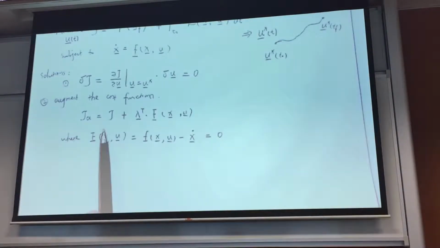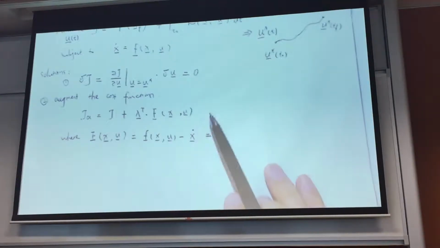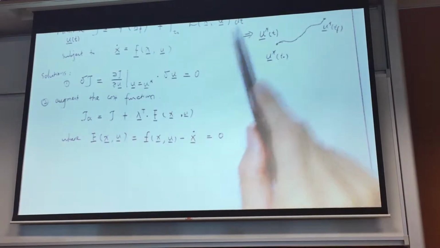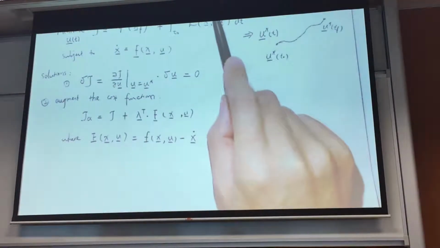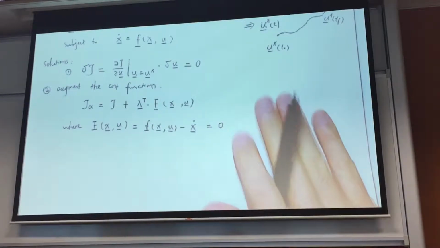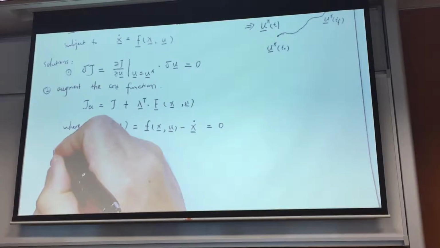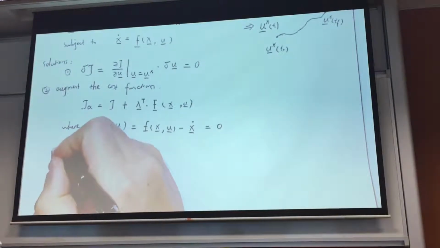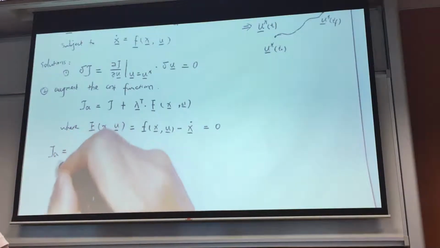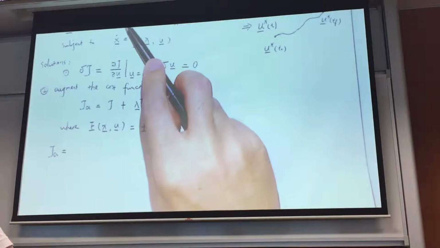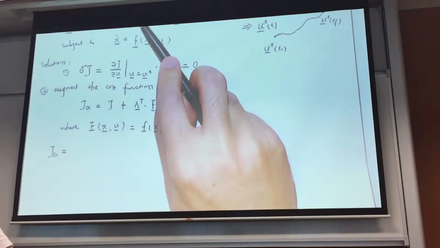Now we can define our augmented cost function by using the original cost function. The augmented cost function should be given by using this theory and substituting into our original cost function.